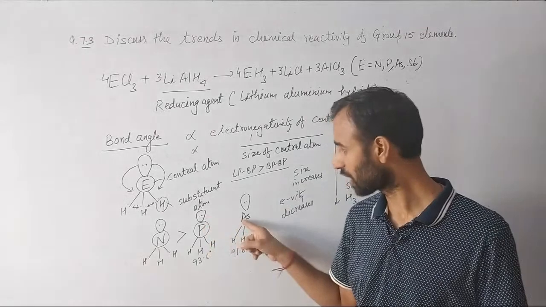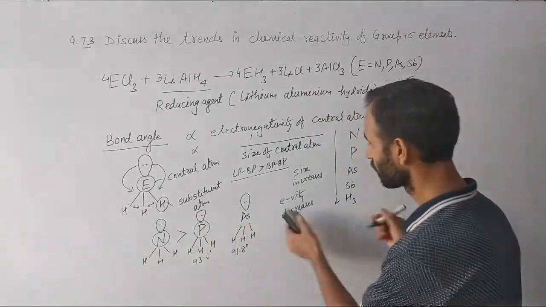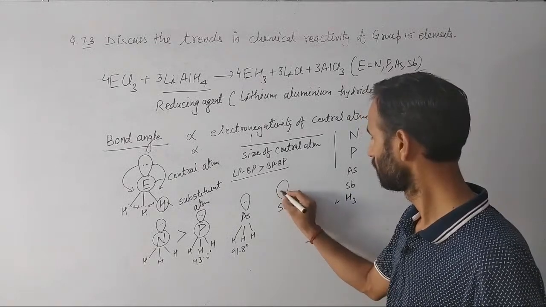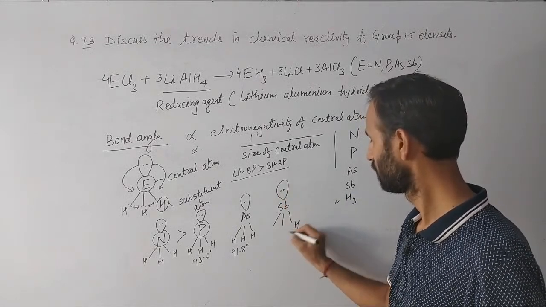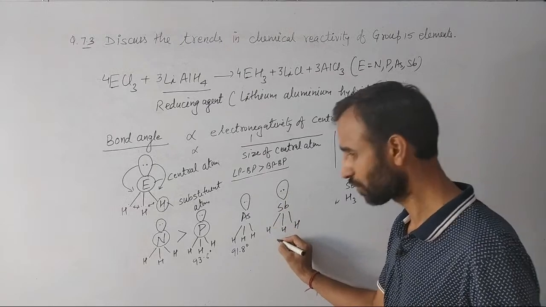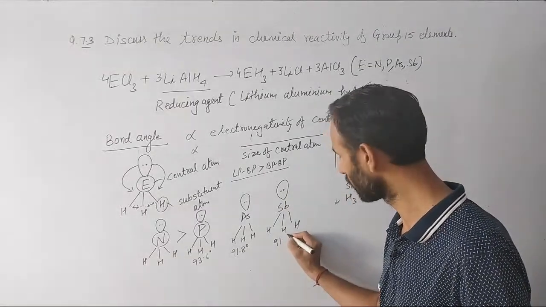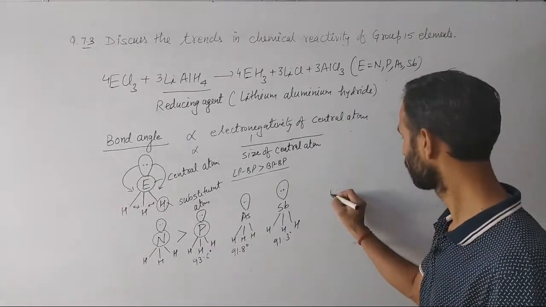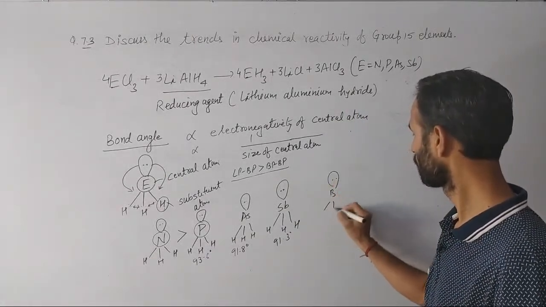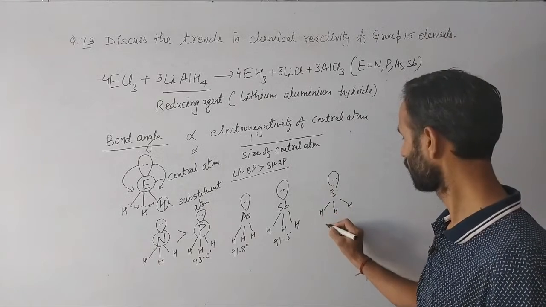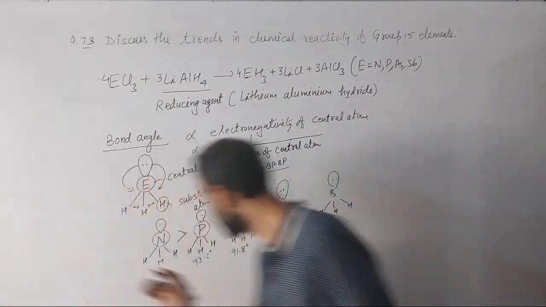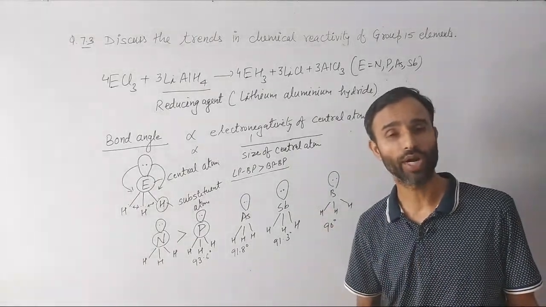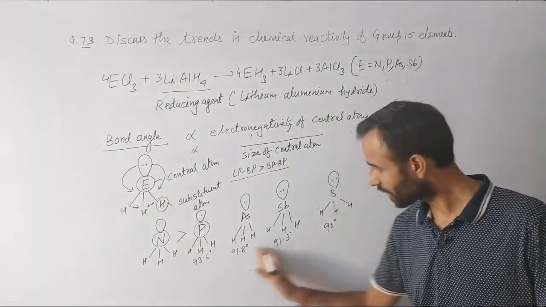In phosphorus, arsenic, antimony, it is about 91.3 degree. And in BiH3, the angle is exactly 90. So in p orbitals, the bond angle is 90 and they are very close to 90.